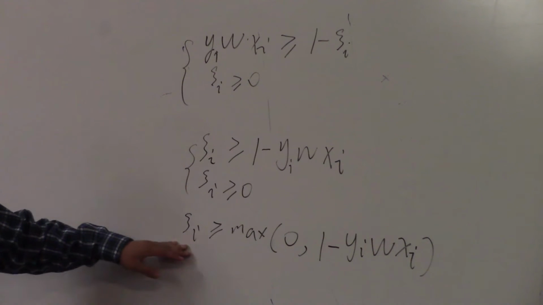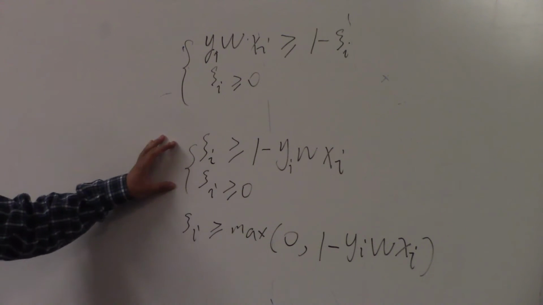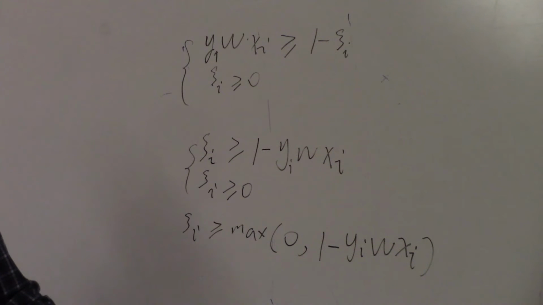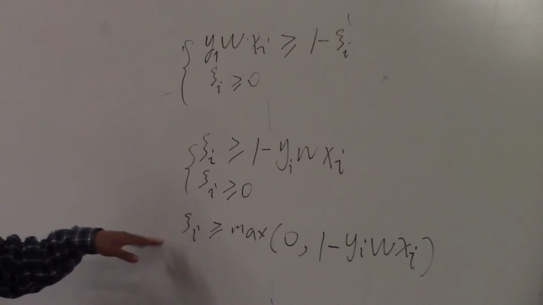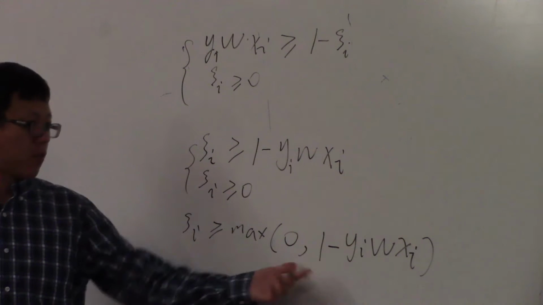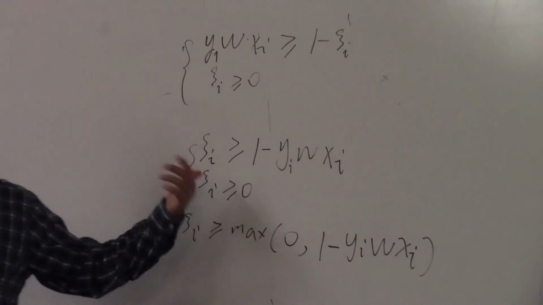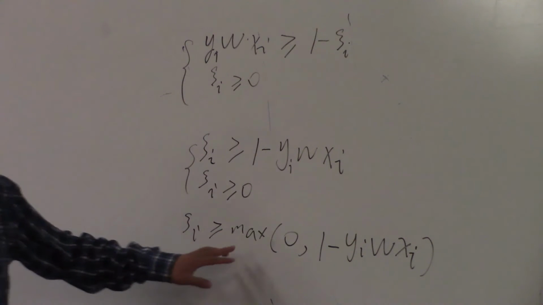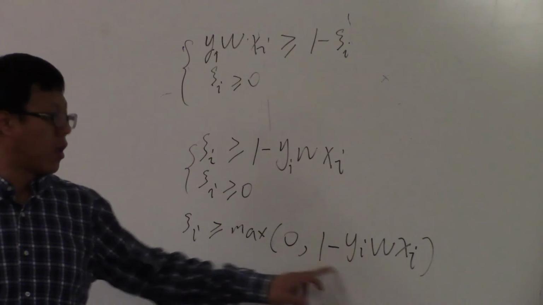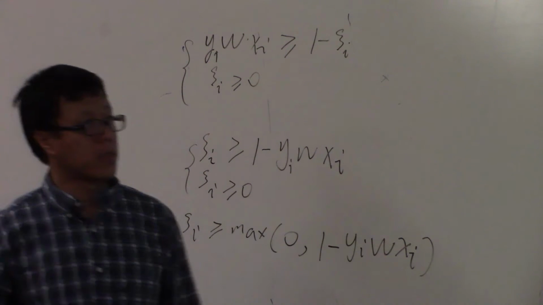So the third formulation is equivalent to the second because if you're bigger than both things, you're bigger than the bigger one of them, right? And vice versa, if you are bigger than the bigger one of the two, you're bigger than both of them. So this is equivalent. The c is bigger than the max between 0 and 1 minus y w x_i.